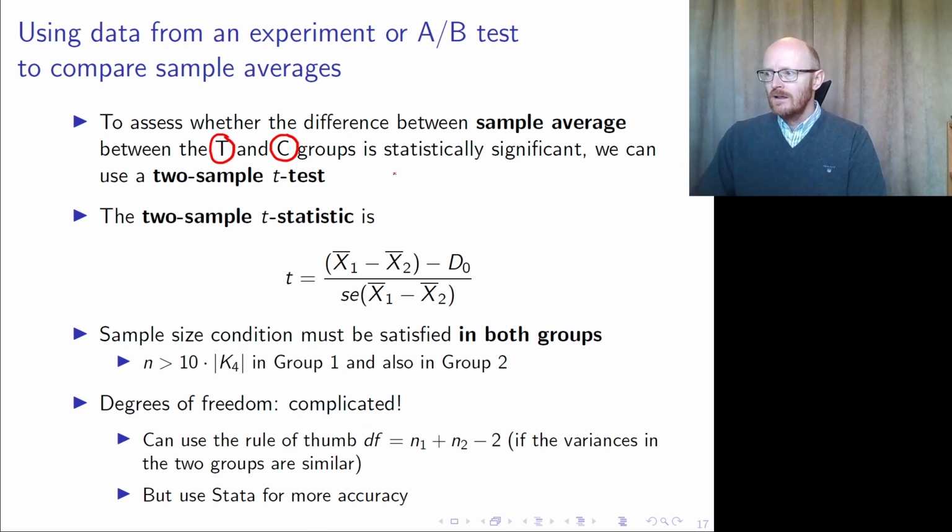A two-sample t-test is really quite similar to the one-sample t-test, but the two-sample t-test tests the difference here. This is just the sample average of group 1, and this is the sample average of group 2.